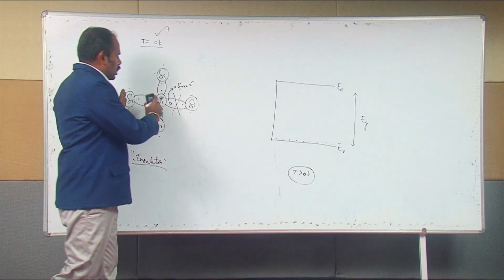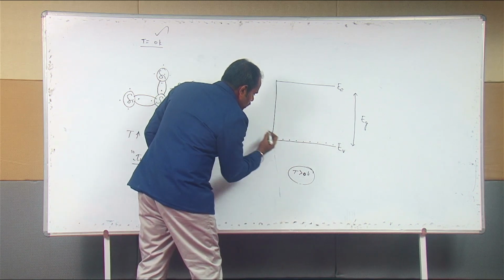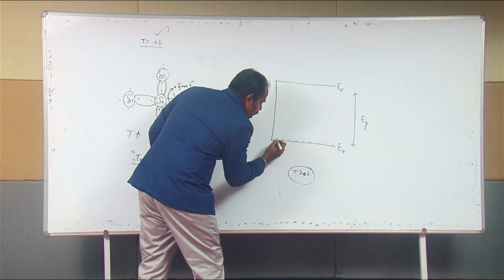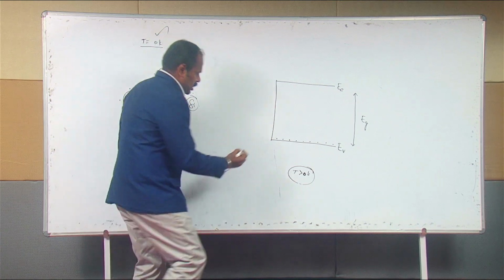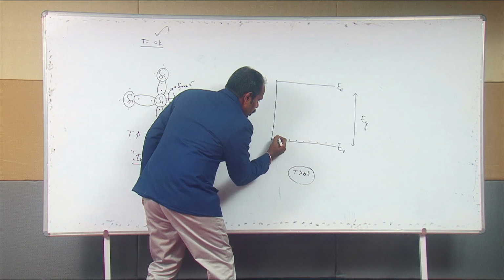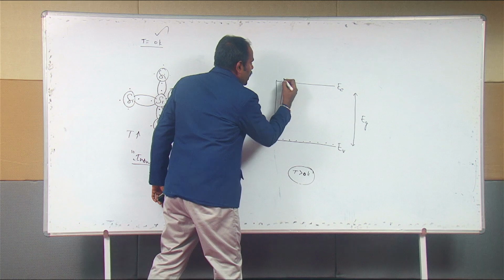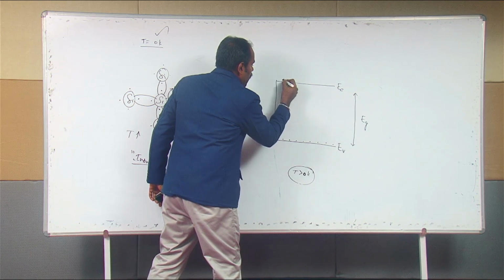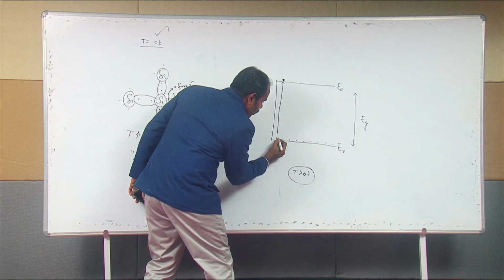Now, let's associate this with the energy level diagram. As we discussed just now, one of the electrons is gaining the energy because of the influence of temperature, and it is moving up to the conduction band. When this electron moves to the conduction band, what is correspondingly created in the valence band?